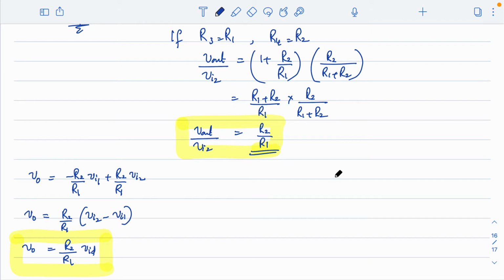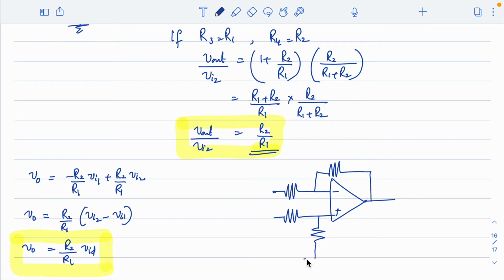Alright, so now what is the circuit we have here? The circuit what we have as differential amplifier is an Opamp, this is a circuit diagram.